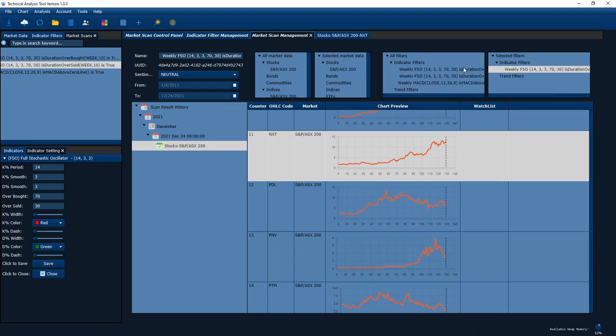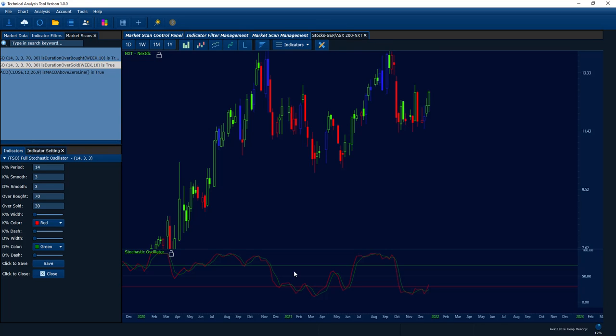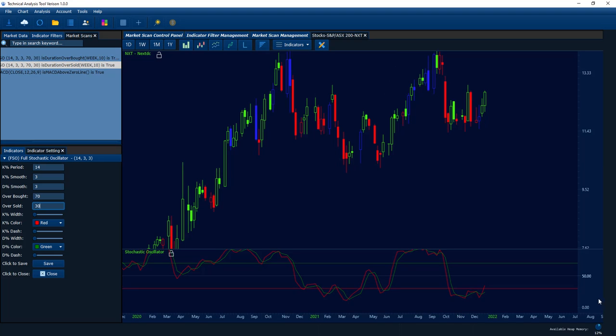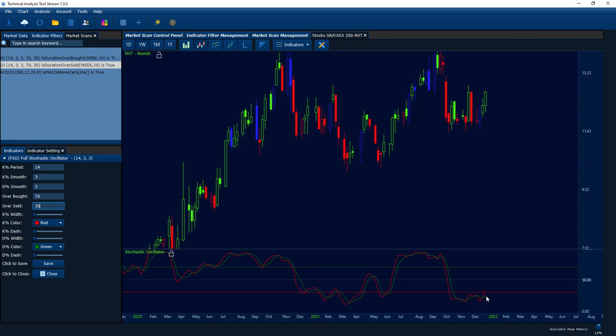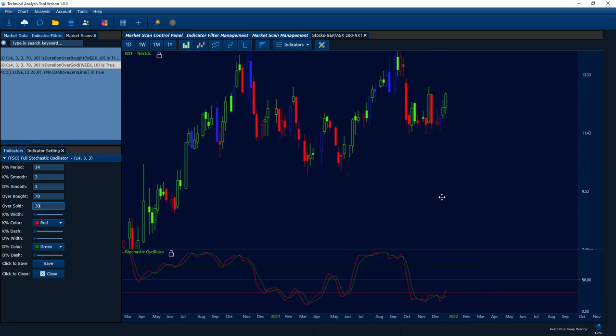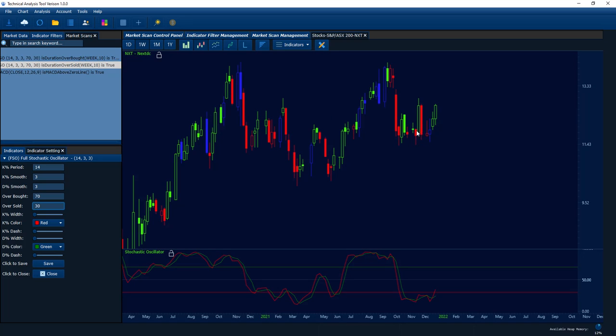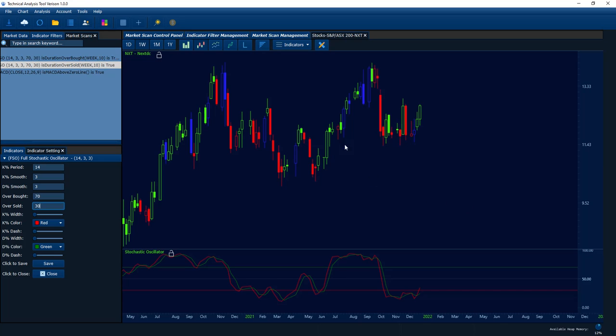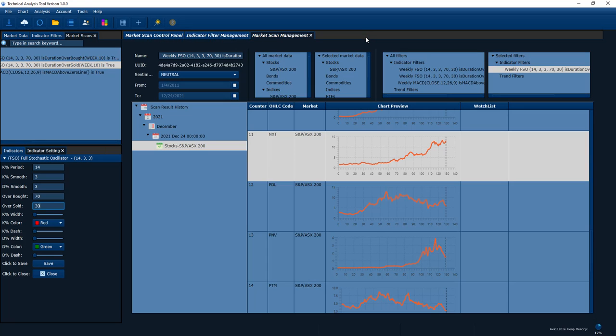Our market scan is using 30 as the oversold, so we have to change it back to 30. As you can see, if I change it to 30, the green line for the oscillator value stays below that 30 for 10 weeks. 1, 2, 3, 4, 5, 6, 7, 8, 9, 10. So it is still oversold. Actually, it's more than 10 weeks. Of course, it matches the condition.